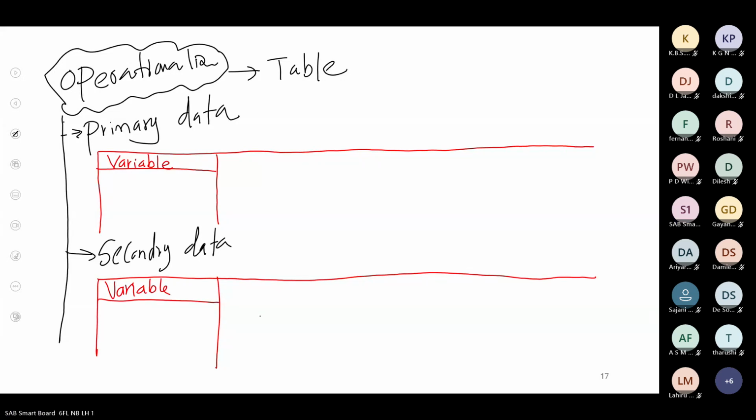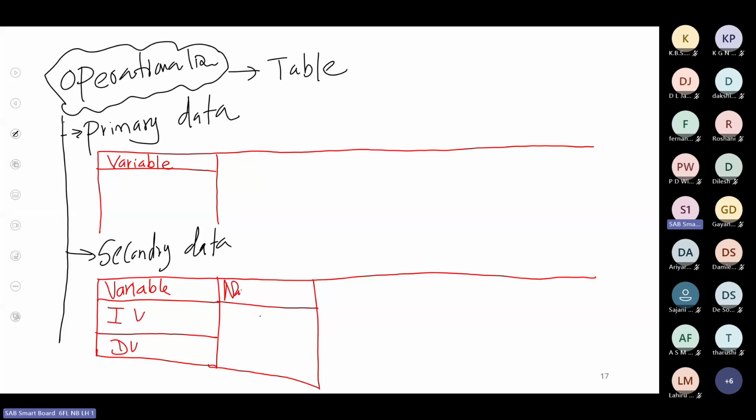In our research, we have two variables. What are those? Independent variable and the other one, dependent variable. Sometimes some researchers might have other variables, mediators, moderators as well. Then name it. Name of the variable.